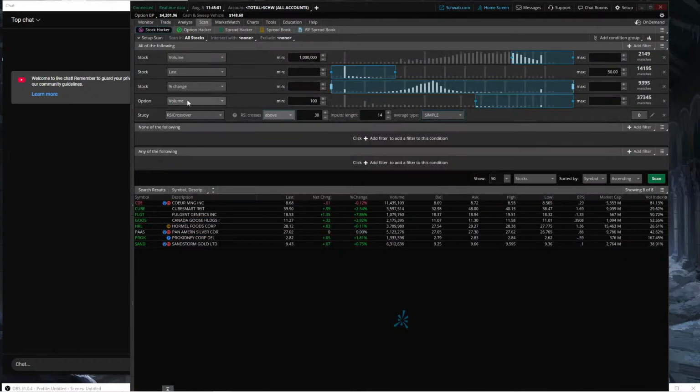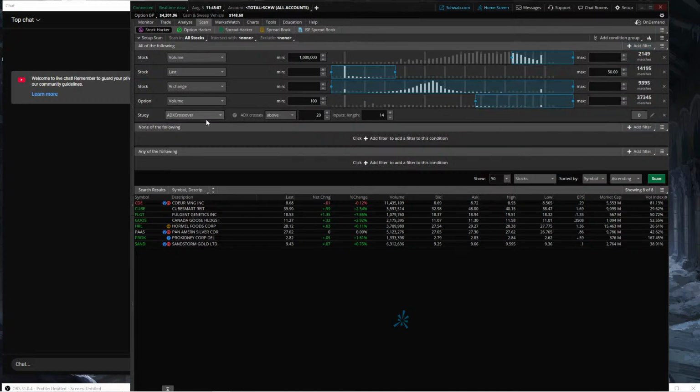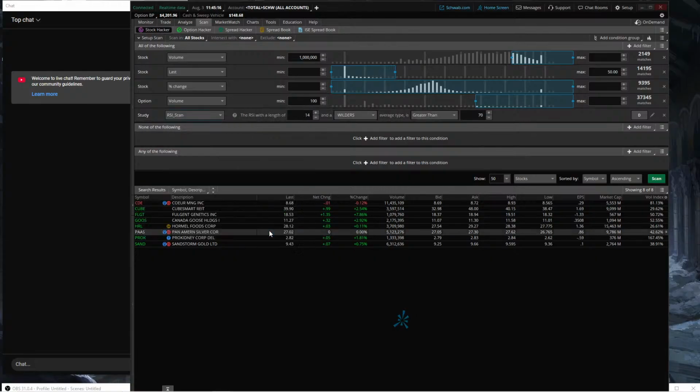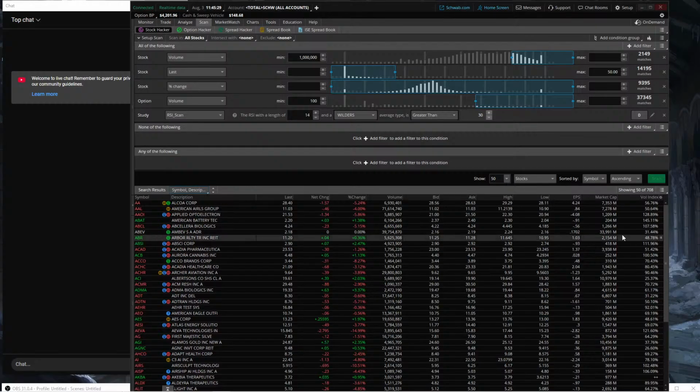So if I bring up this scan and we get rid of that and we add another filter, another study. Popular studies, RSI scan. 14 wilders is greater than 30. It's gonna bring me back to like, okay, 708.